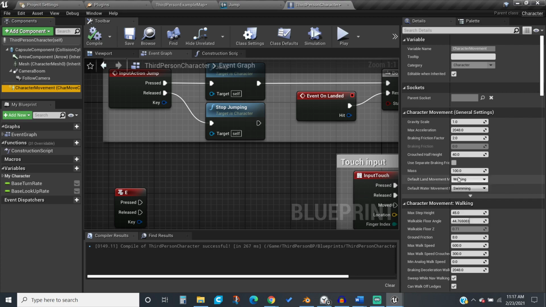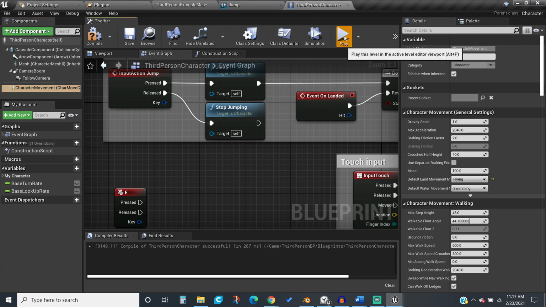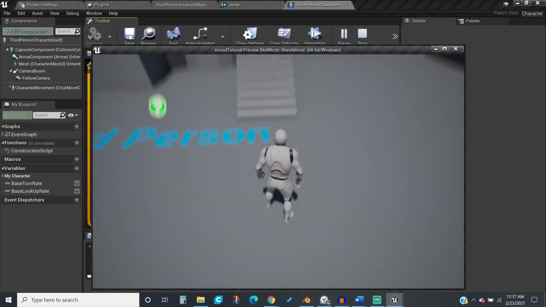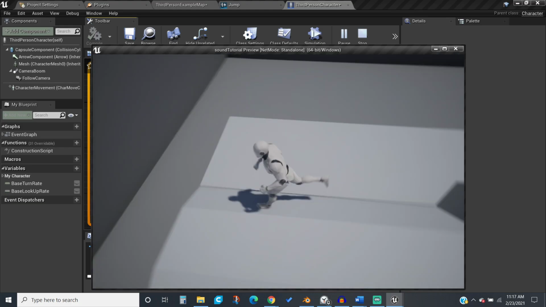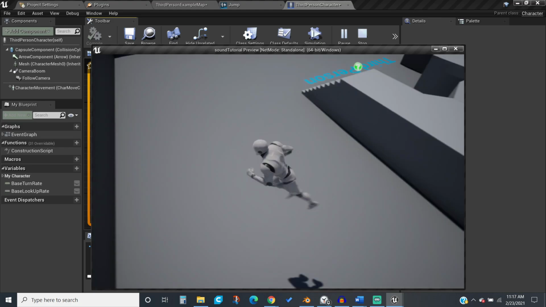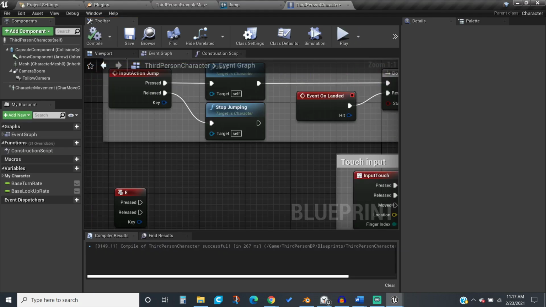This is basically default land movement. If we set this to flying, it's another mode, like we're supposed to be flying right now.